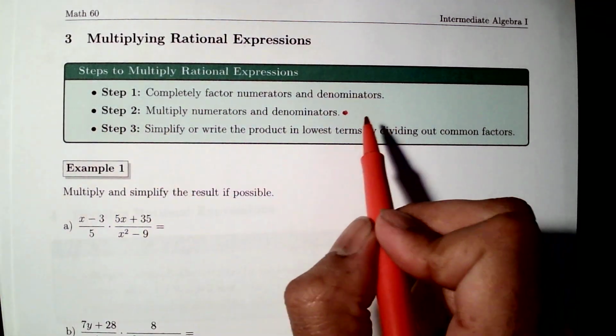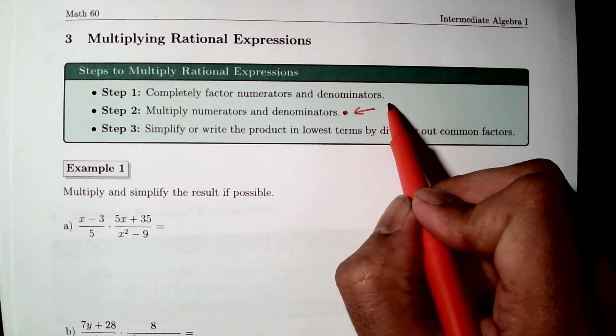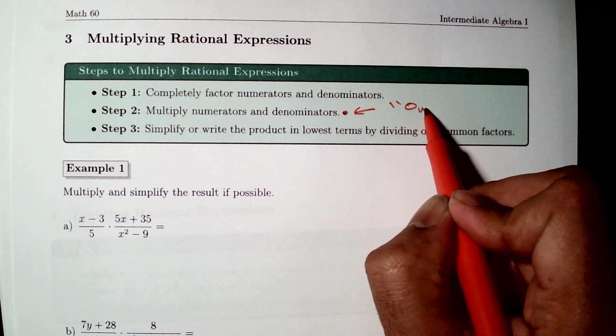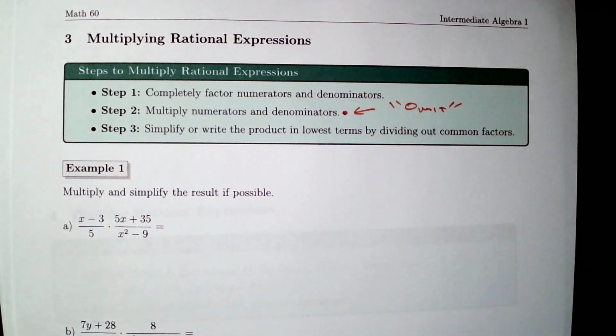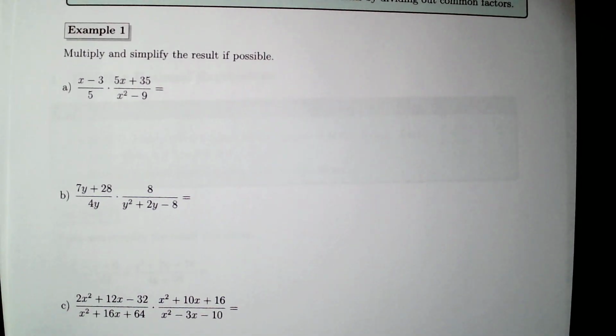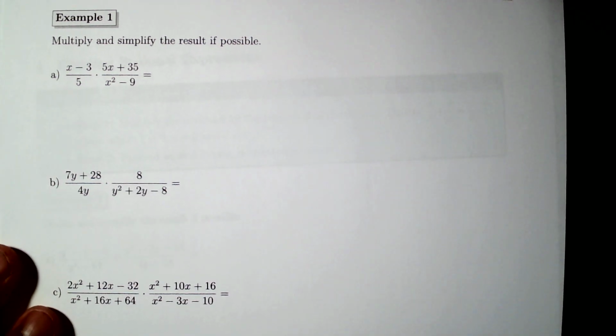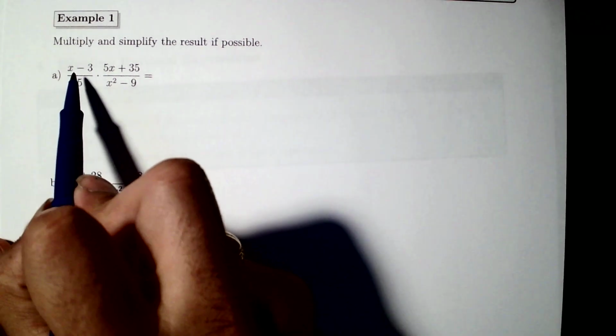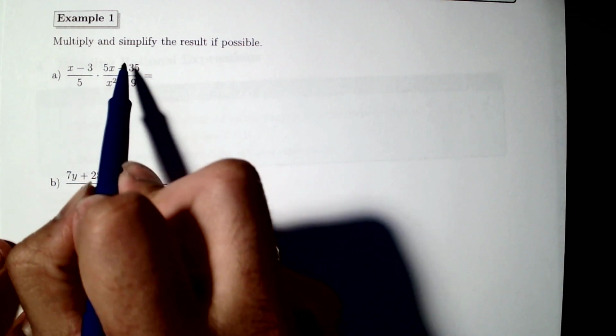I'm going to explain why we can omit. In a way, we can omit. I'll show you. Okay, multiply and simplify the result if possible. Well, so what we have to do in this case is factor out every single one of the numerators and denominators of each fraction.